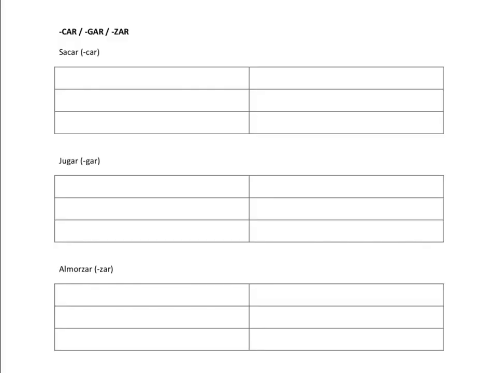Alright, so let's take the black here. So let's look at the verb sacar. This is a car verb. So like we said, we can't say sase, so we're going to say sake. We changed the C to a QU, so it makes a k sound. So sake.